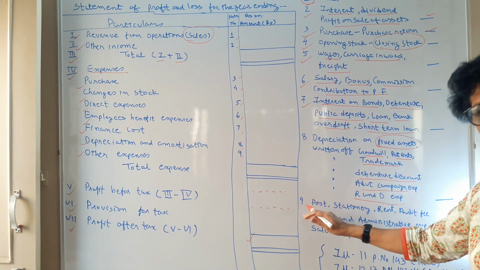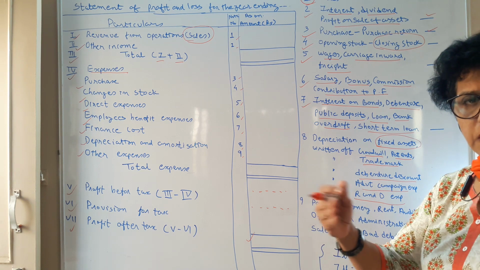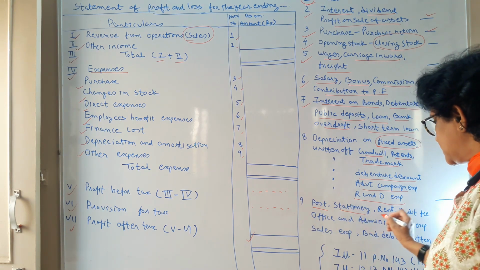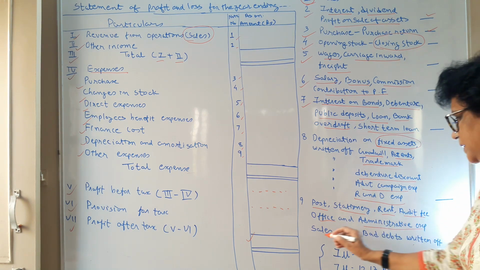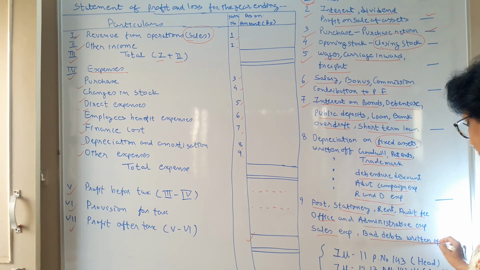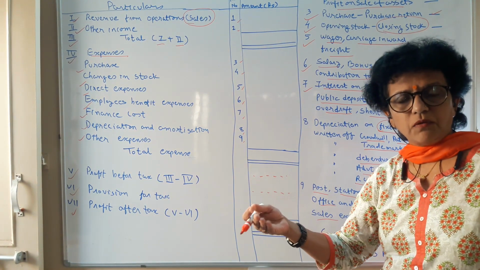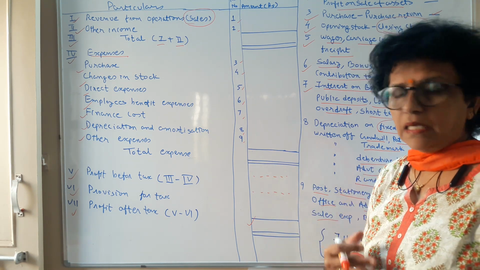Other expenses means other revenue expenses which are incurred by the company to run the business. It includes post, stationery, rent, audit fees, office and administrative expenses, sales expenses, bad debt written off, all the regular routine expenses we used to write on the debit side of the P&L account.